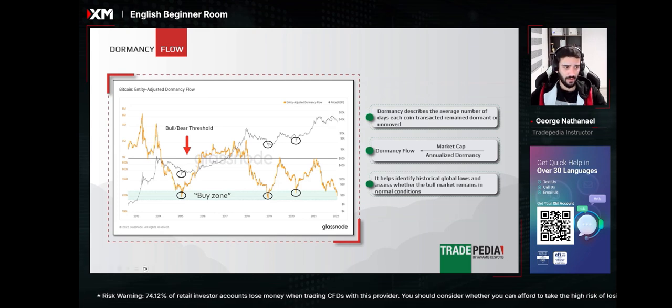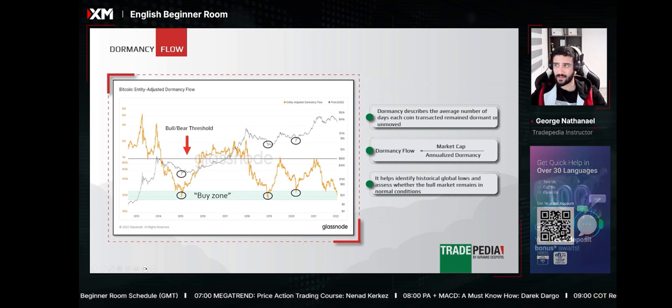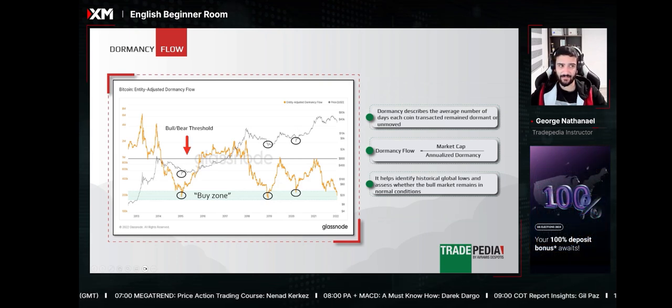Now, the same signals happened with the previous metric. We'll see, of course, the next metrics have the same signals as well. So you could use multiple of these metrics to have a better and more valid signal.